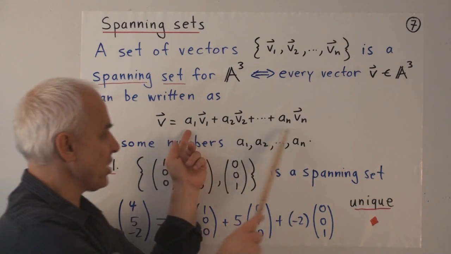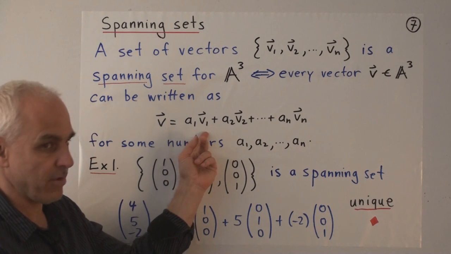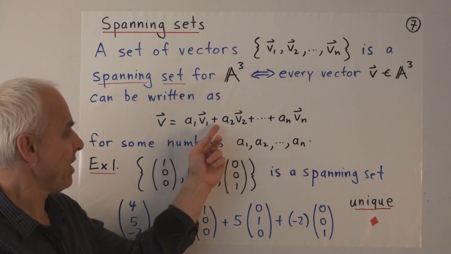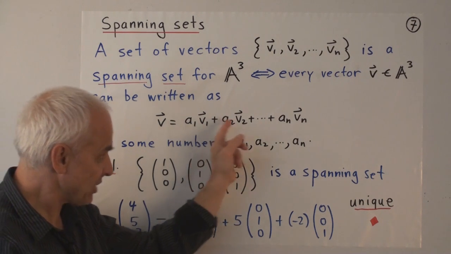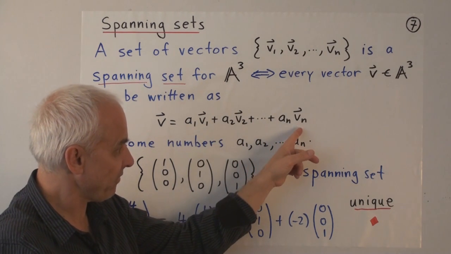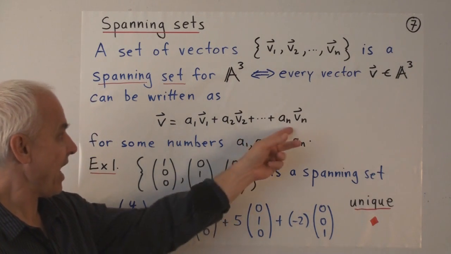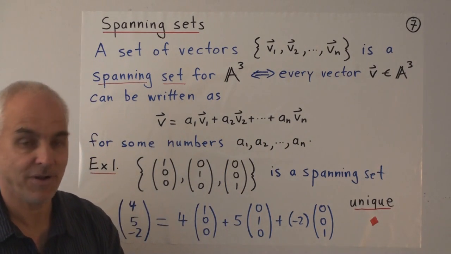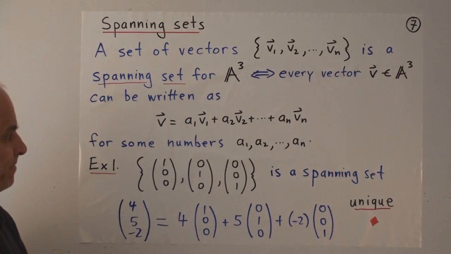This is a linear combination, right? It's some multiple of v1, a1 times v1, where a1 is some number, plus some multiple of v2, say a2 v2, and so on all the way up to some multiple of vn. So we can take some multiple of those vectors and get any old vector, then this is a spanning set.